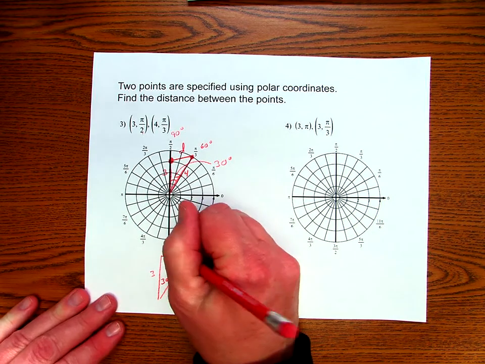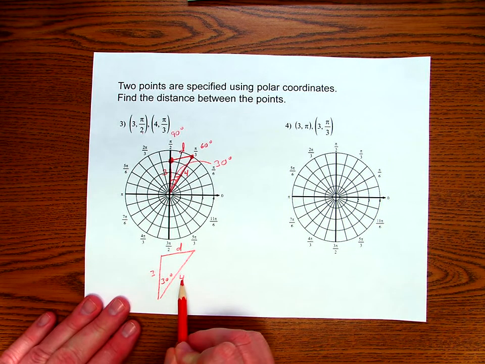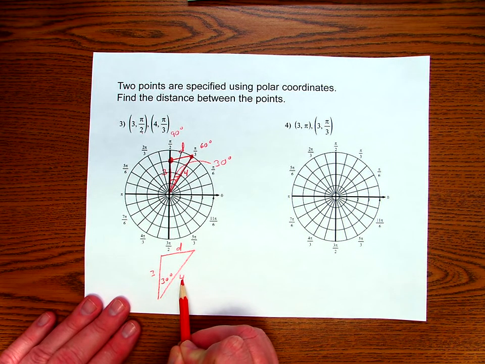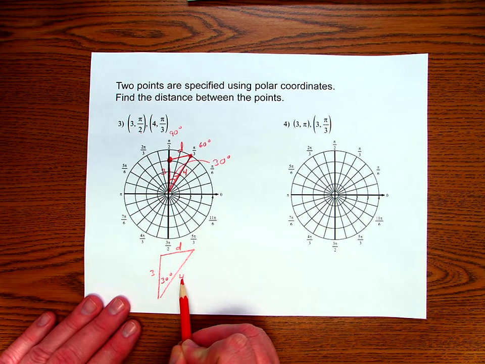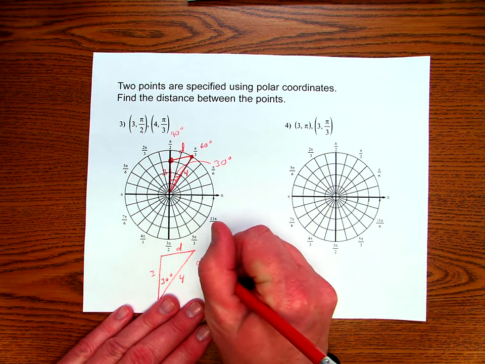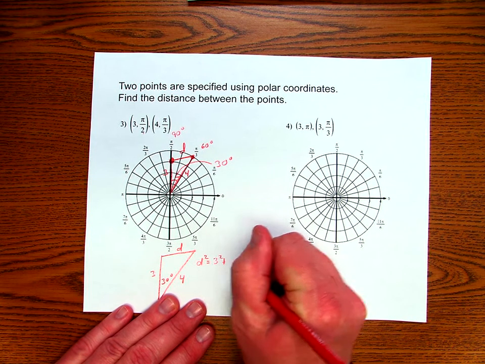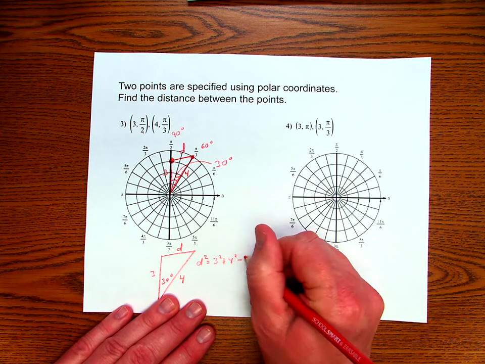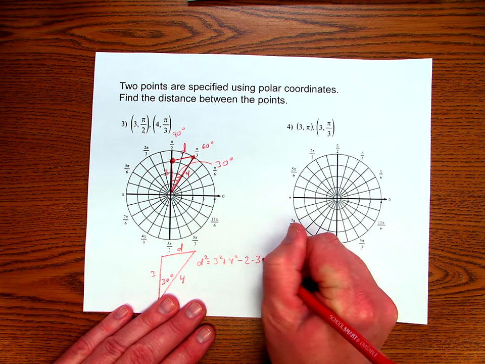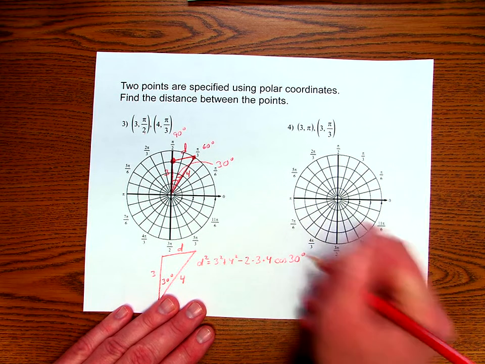So this is a place where we could use law of cosines. This is a side angle side. That's one of the conditions we use law of cosines for, and we can set it up to solve for angle or for side D. So it would be D squared is equal to 3 squared plus 4 squared minus 2 times 3 times 4 cosine of 30.